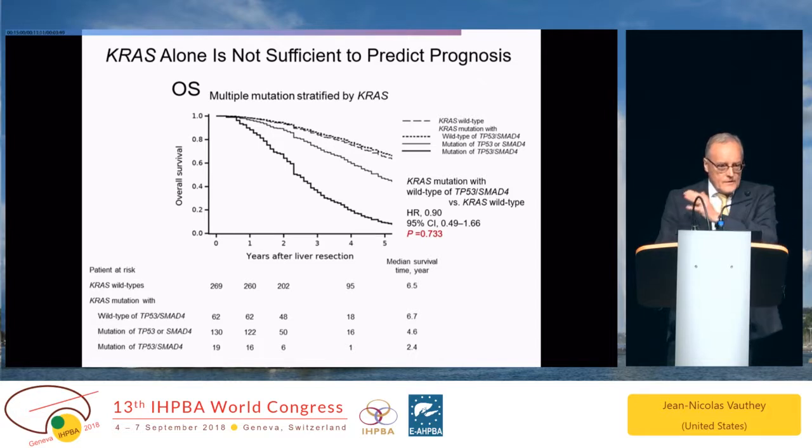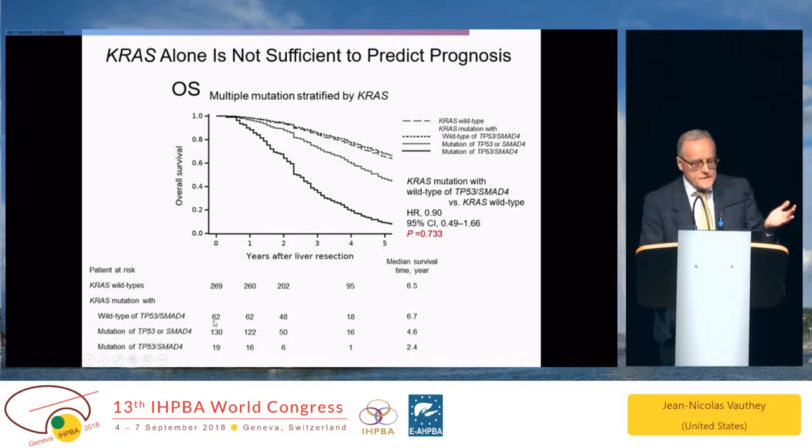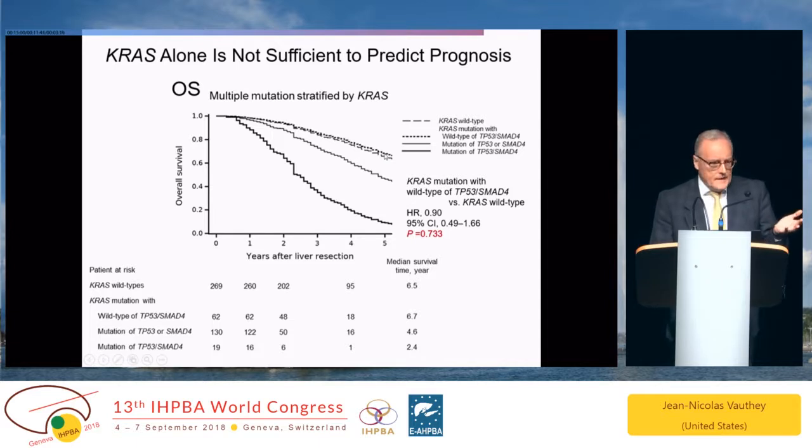So I was asked earlier, do you exclude patients? How do you use RAS in your two-stage hepatectomy? Well, we have this information now, which is, I believe, important because we have good news for 62 patients, about a third of the patients with RAS mutation. So essentially here, if you compare RAS wild type versus RAS mutant with wild type TP53 and SMAD4, the difference in survival is not there.